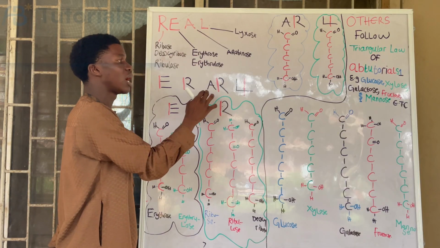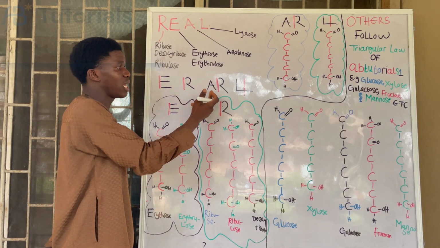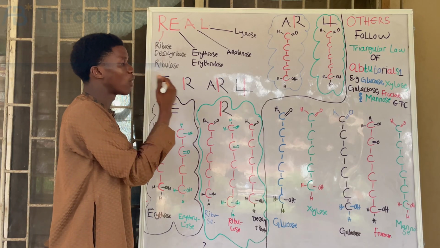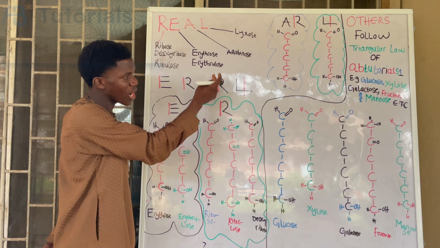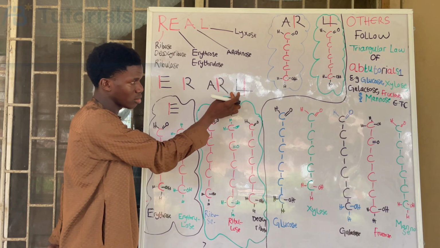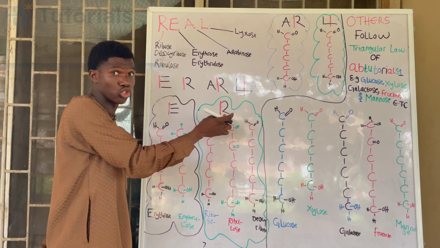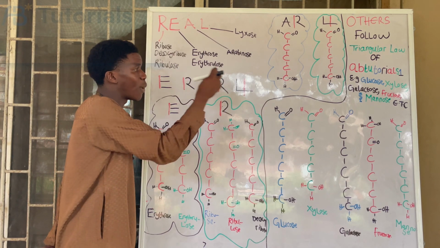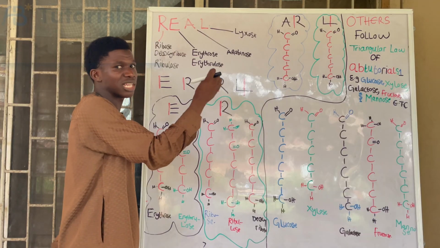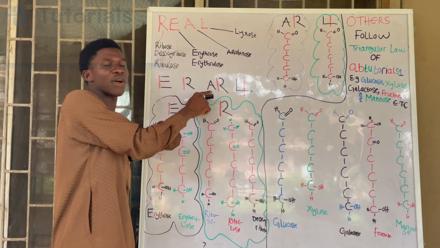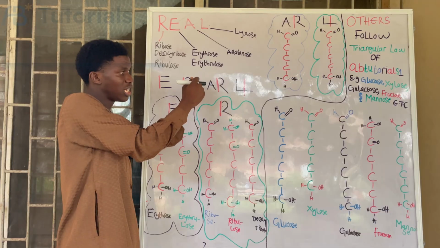The next one is arabinose, which is the A. Arabinose is spelled A and R, right? So for the R, we have the vertical line and this thing that looks like a 2 to complete your R. That is to tell us that our OH will be on the right hand side. But we also have A on this left hand side.